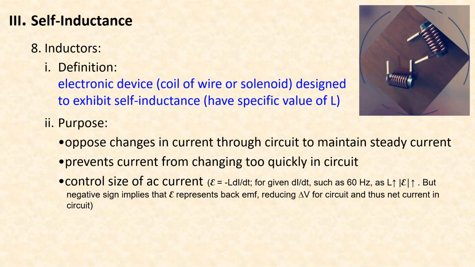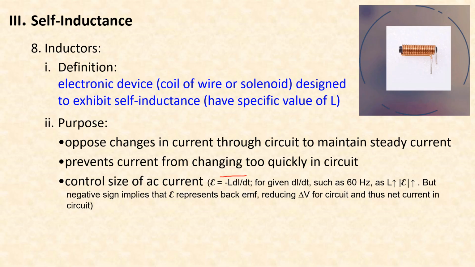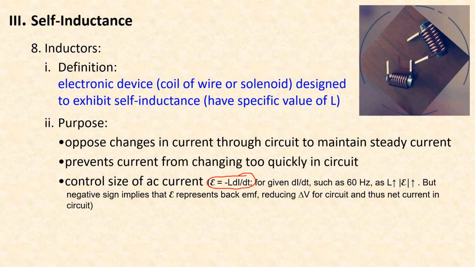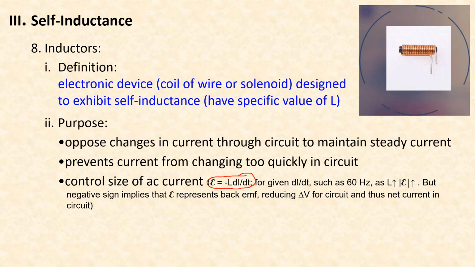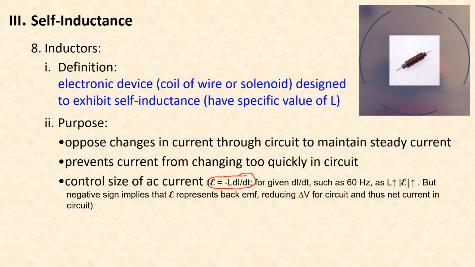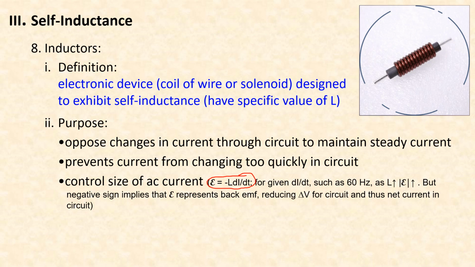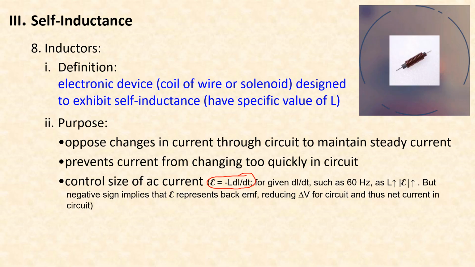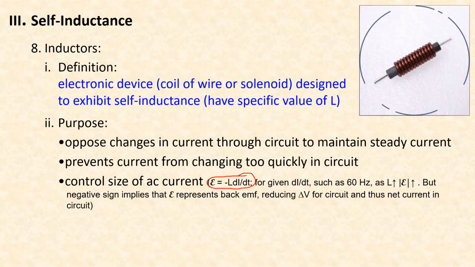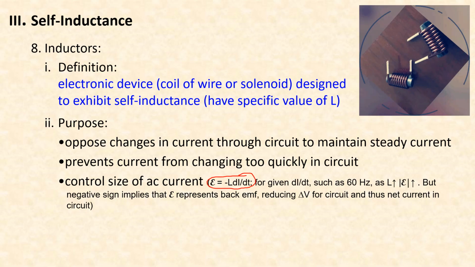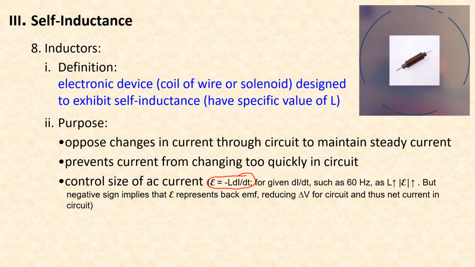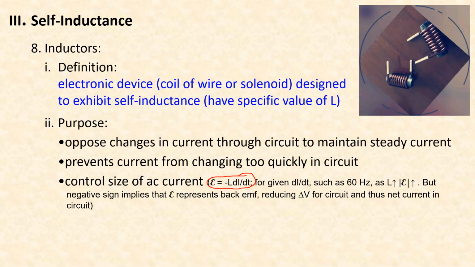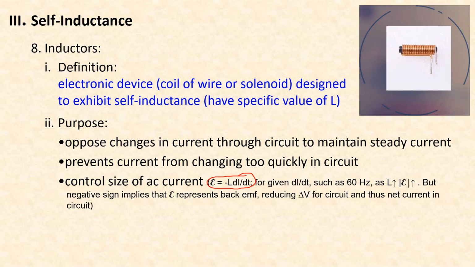And we see here that when we look at Faraday's law, we see this term here, di dt. What this tells us is that for a given value of di dt, let's say, for example, 60 hertz, in other words, when the current in the circuit is changing at a certain rate, notice that there is a direct relationship between the self-inductance and the induced EMF.